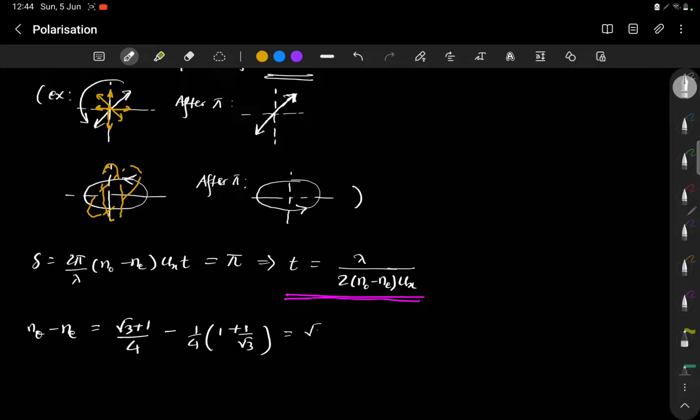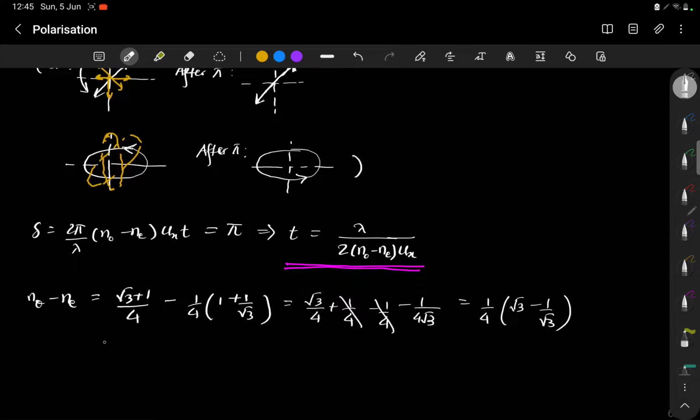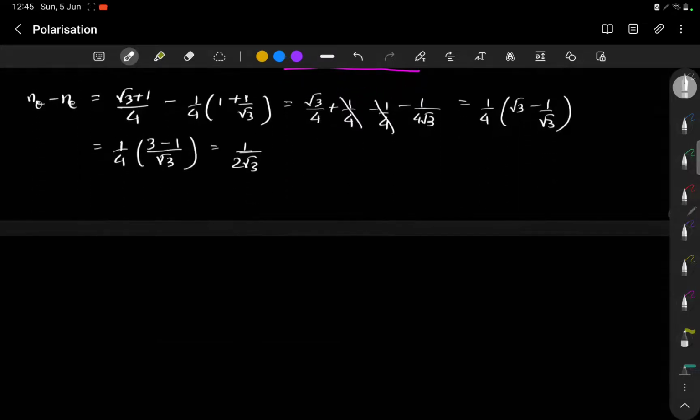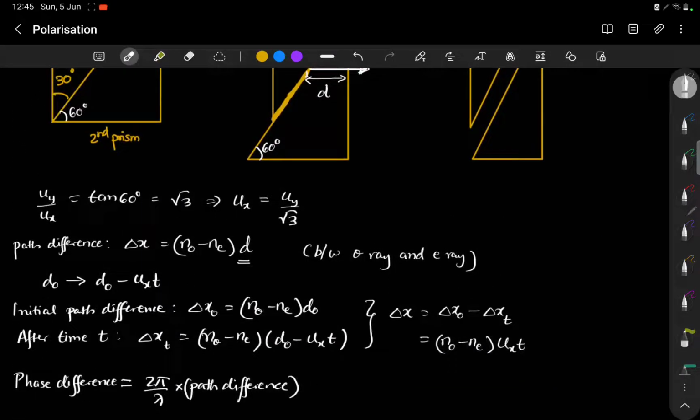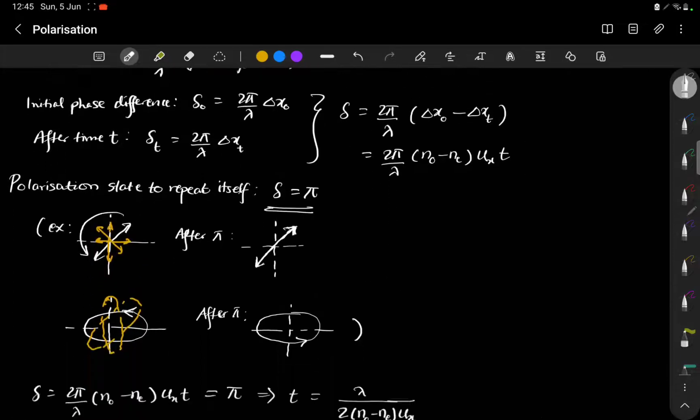So let us simplify. So this is the value of NO minus NE, and UX we had found from trigonometry is UY over root 3, sorry.